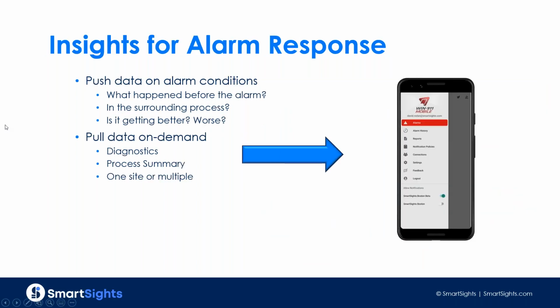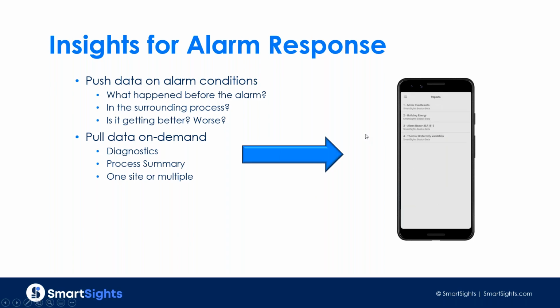So what this actually looks like when somebody's getting one of these notifications or looking at these dashboards, you can see the mobile app on the right here in this slide. This is the Android phone app, so it might look a little different if you use it on a tablet or an iPhone, but all the features that we're seeing here are in every version of the app. While you can see the feed of alarms coming out of the system through this app, you can also see reports.